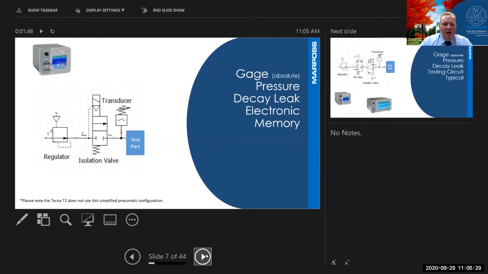One of the problems, and my colleagues at Techna really stress that this is not the system that Techna uses today, okay? This was an early model developed here in North America that had a single solenoid valve. And the problem with a solenoid valve is when it developed a leak, it would keep pressurizing the test part, so you'd never see a leak in the part. But this was one of the early problems of some of the early pressure decay systems.